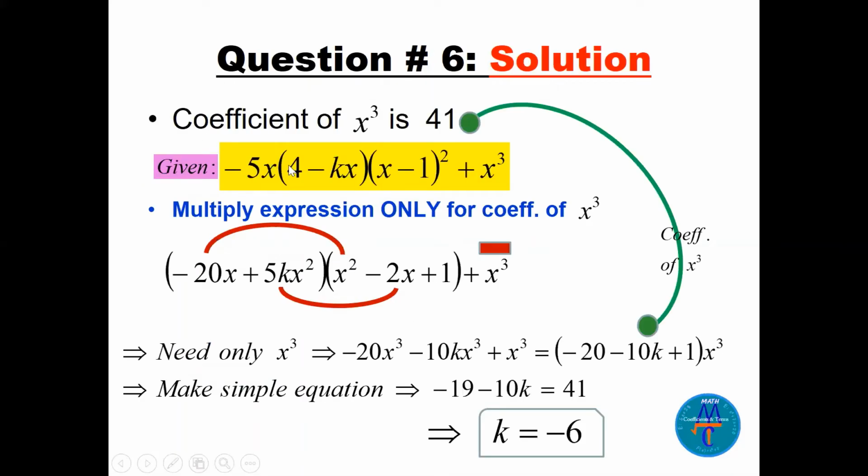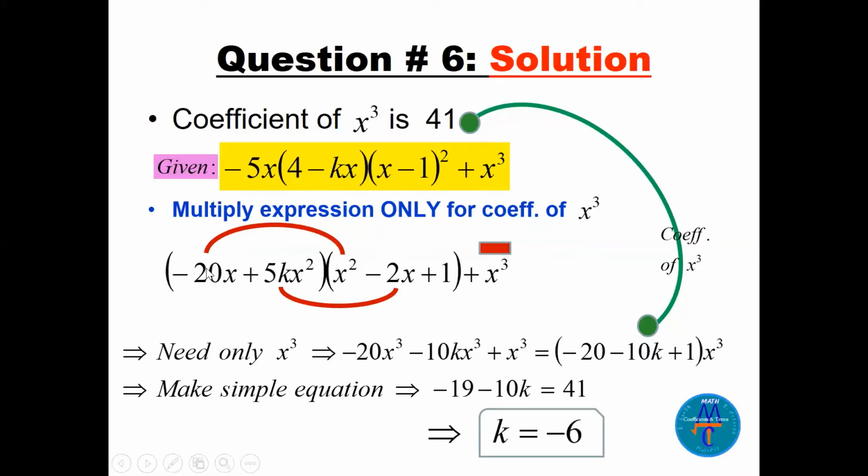So to make things easy, I leave the x cubed. You see this one here? I leave it. Minus 5x, I distribute inside this small bracket, the binomial. So minus 20x plus 5kx squared. You see the first two here. And this is a formula, x minus 1 squared. We know that. x squared minus 2x plus 1.